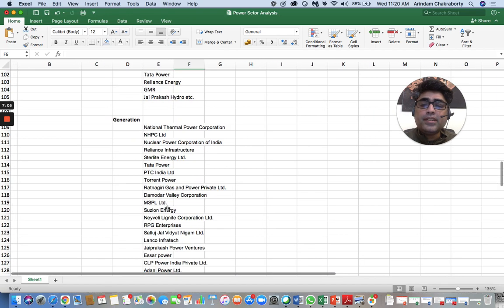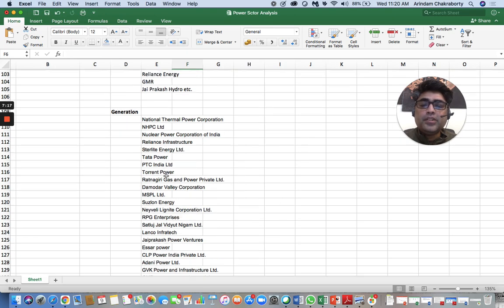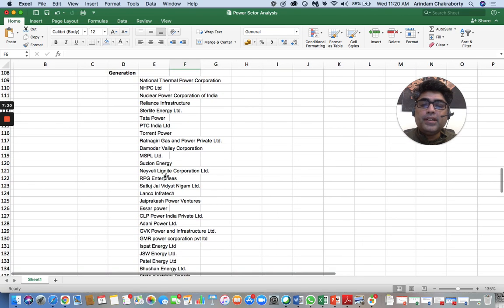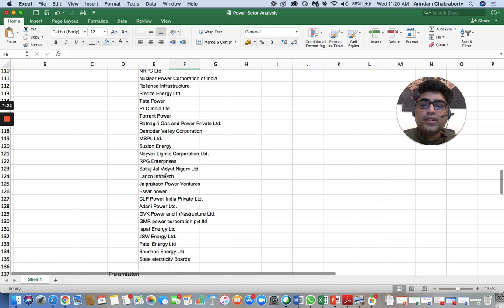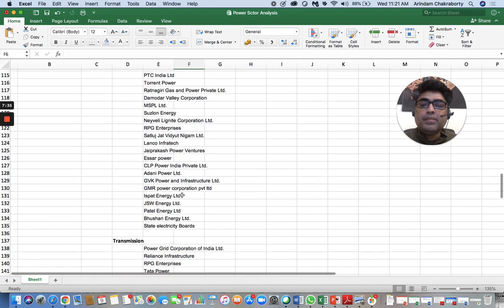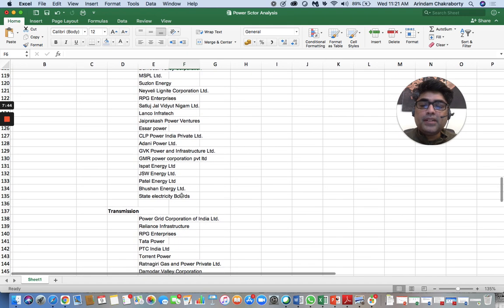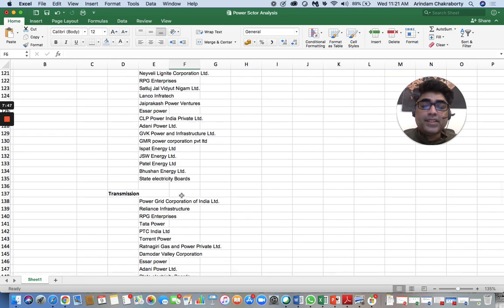In the generation space, we have companies like National Thermal Power Corporation, NHPC, Nuclear Power Corporation of India, Reliance Infrastructure, Sterlite Energy, Tata Power, PTC India Limited, Torrent Power, Ratnagiri Gas and Power Limited, Damodar Valley Corporation, MSPL, Suzlon Energy, Neyveli Lignite Corporation Limited, RPG Enterprises, Satluj Jal Vidyut Nigam, Lanco Infratech, Jaiprakash Power Ventures, Essar Power, CLP Power India Private Limited, Adani Power, GVK Power and Infrastructure, GMR Power Corporation, Ispat Energy Limited, JSW Energy Limited, Patel Energy Limited, Bhushan Energy Limited, and different state electricity boards.